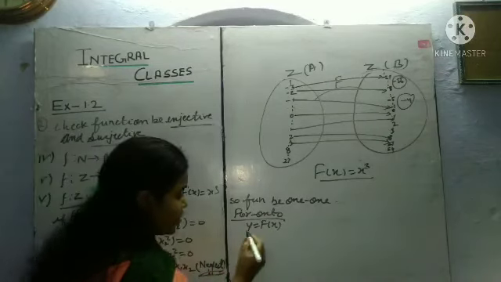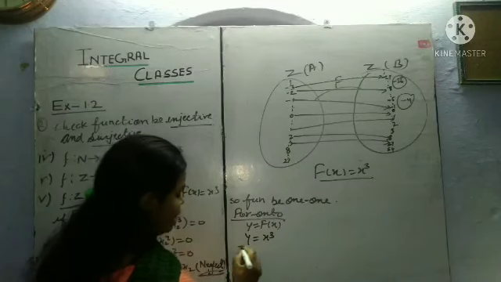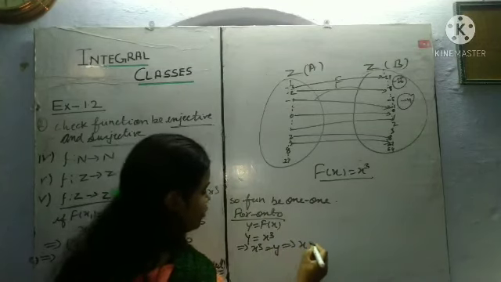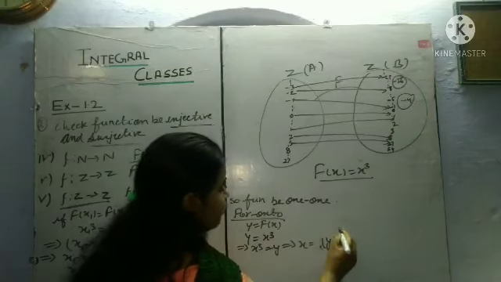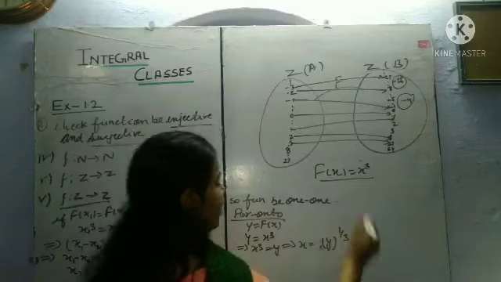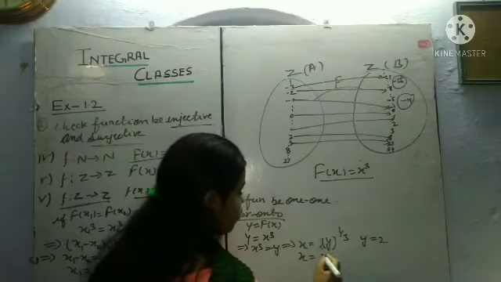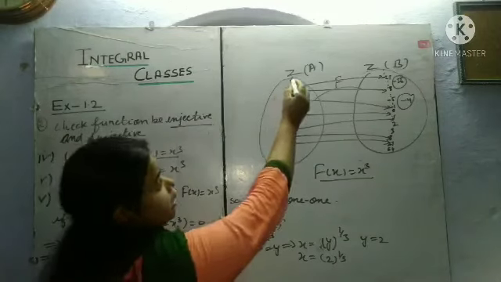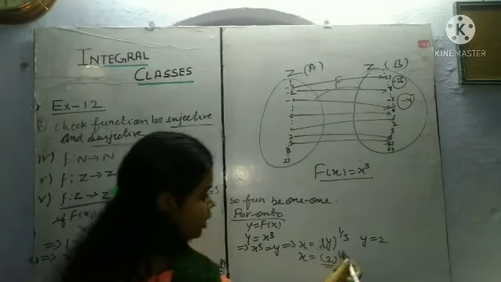So y equal to f(x), y equal to x cubed, which implies x cubed equal to y. Therefore x equals y to the power 1/3. Now suppose we put y equal to 2. Then we will get x equals 2 to the power 1/3, and the set here is integers. Integers do not contain this type of number, with a fractional exponent.